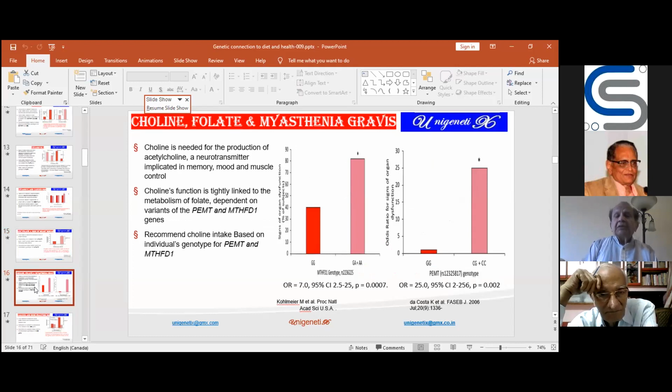Now, this is something that people in India, people in the West, everywhere. I have had patients come in with myasthenia gravis that they did not know for 2 and 3 and 4 years. And it's drooping of the eyelids, weakness of muscles, etc. And again, there are two genes there, PMT and MTHFD1.